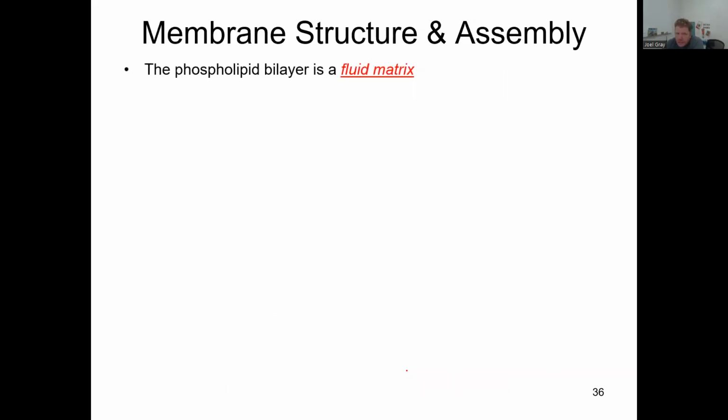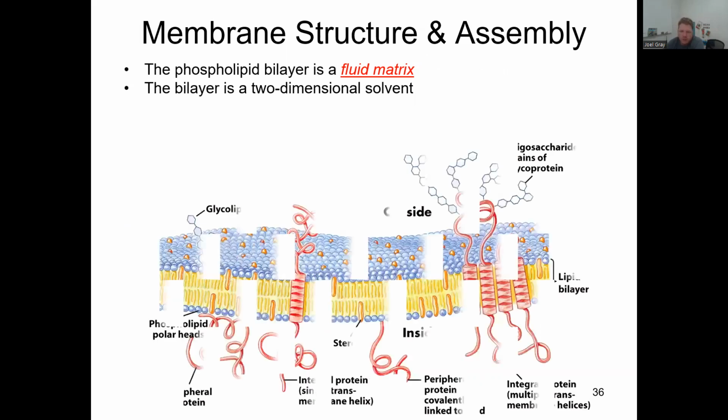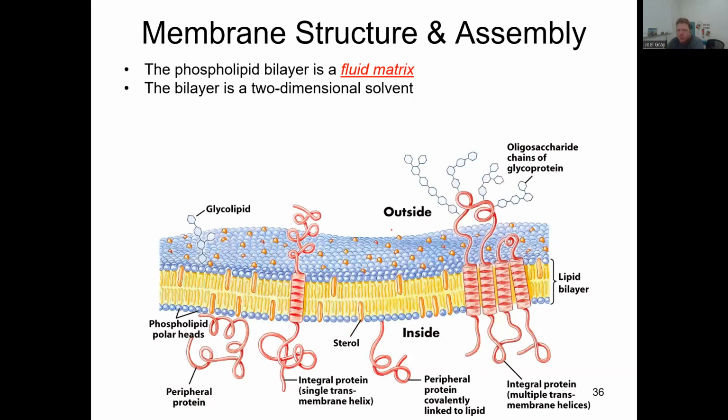Now, the assembly, the organization of these proteins and other components. This phospholipid bilayer is often referred to as a fluid matrix. The bilayer is a two-dimensional solvent. Anytime you're shown a picture of a lipid bilayer, it's important to distinguish what's outside and what's inside of the cell. What is displayed to the outside? Well, you've got these little hot dog looking things over here.